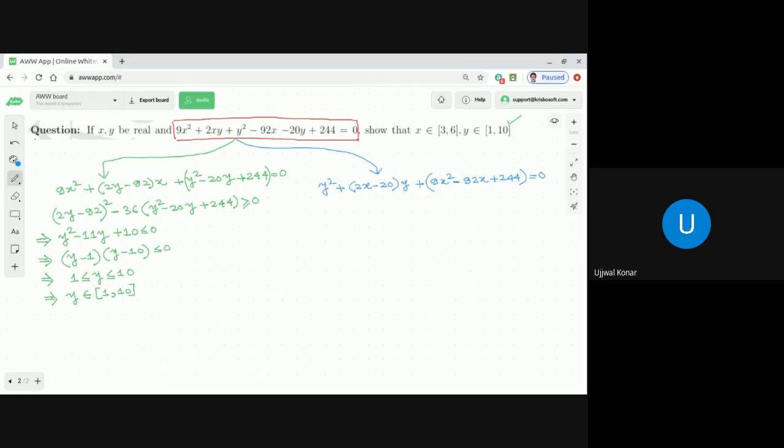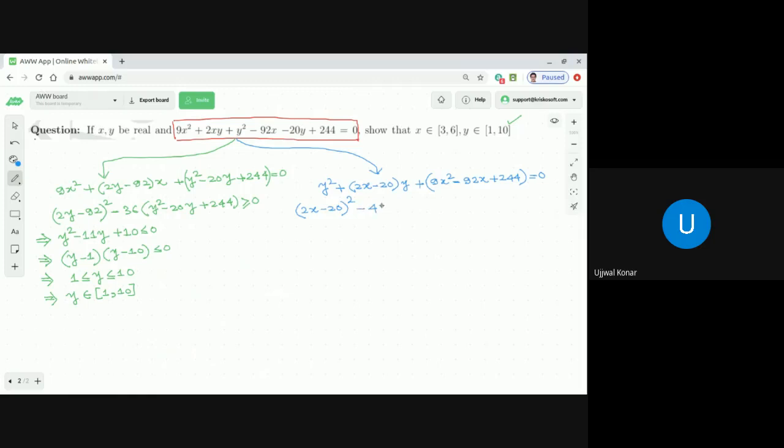Now, according to the question, y is also real. As y is real, what are we going to get, dear students? The discriminant of this quadratic equation in y, which I just wrote in blue color, must be greater than equal to 0. So from here, we get (2x minus 20) square, that is b square, minus 4 into a into c.